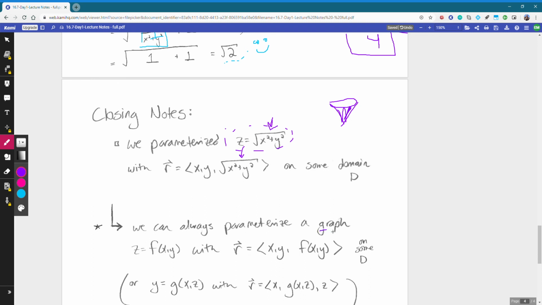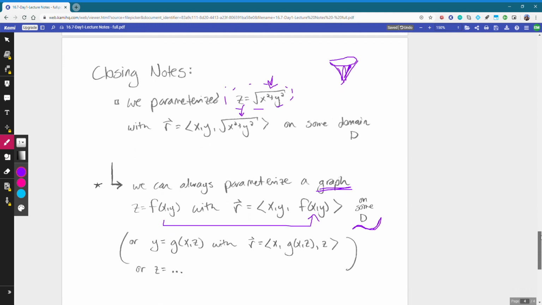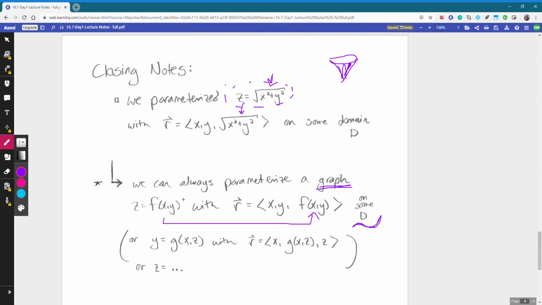If we have a graph, z equals some function of x and y, we can always take that and just plop it in for our z component. We still would need to figure out our parameterization domain, our shadow, but we can always get at least our vector function real quick and clean just by plopping that in. Similarly, this works if we have a function not of x and y, but say y is a function of x and z.